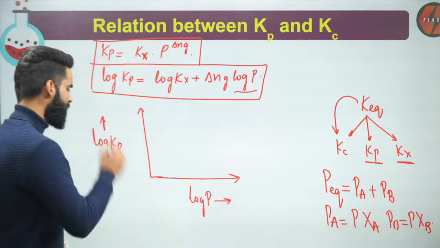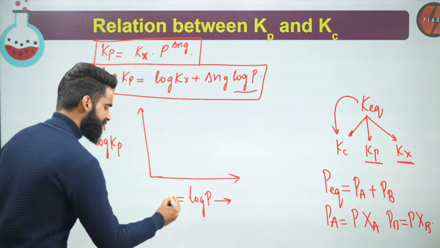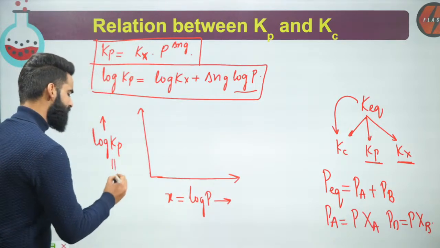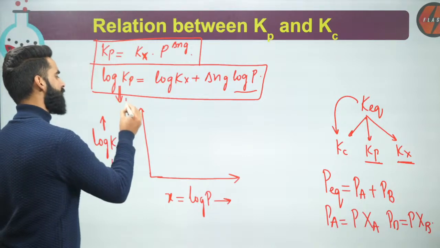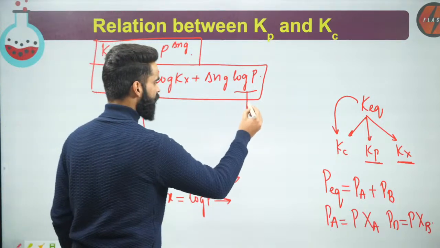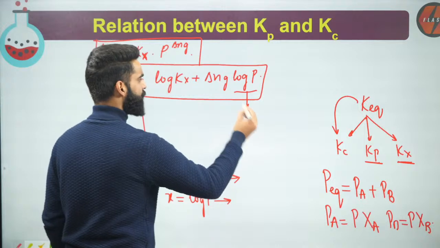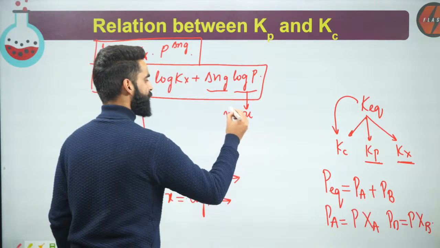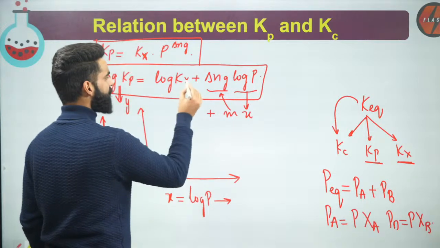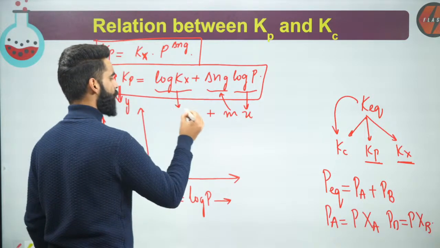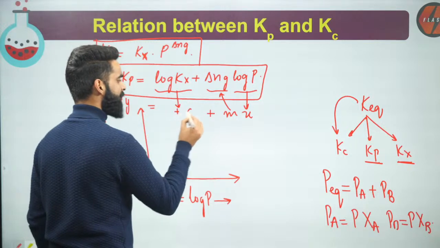First of all, along x-axis, I'm plotting log of P. Along y-axis, I'm plotting log of Kp. So instead of log of Kp, I can write y. Instead of log of P, I can write x. And before this x, we have got m, which is the slope of the curve, and m over here is delta Ng, and log of Kx right here is the intercept. Y is equal to mx plus c.